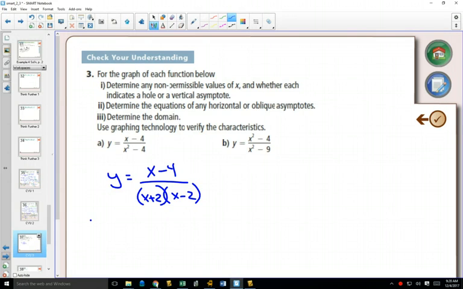Then step 1, looking at our non-permissible values. Do we have any non-permissible values? X can't equal -2. And X can't equal 2.